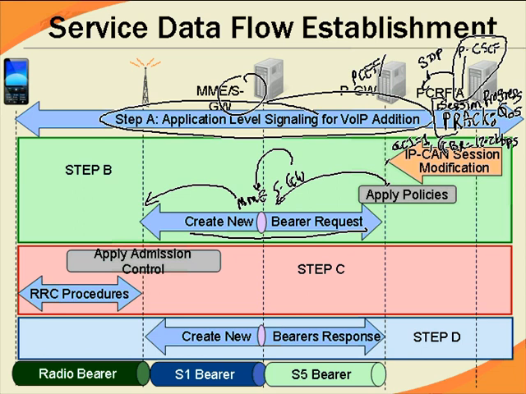The eNode B now looks at the required quality of service and it checks, do I have enough resource blocks available to support this kind of data rate, to support delay of less than 100 milliseconds end to end.